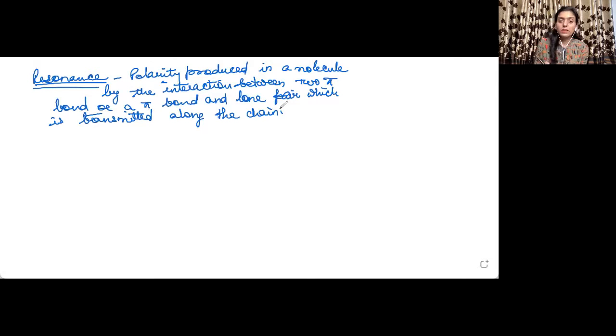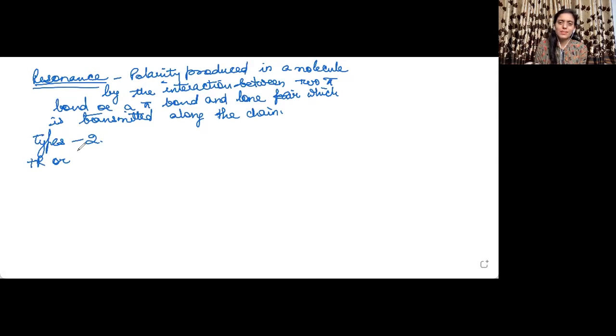There are two types of resonance effects, just like the electromeric effect and inductive effect. The types are again two, plus R and minus R. If it is a plus I effect, we say like a person gives something, he's a positive person.